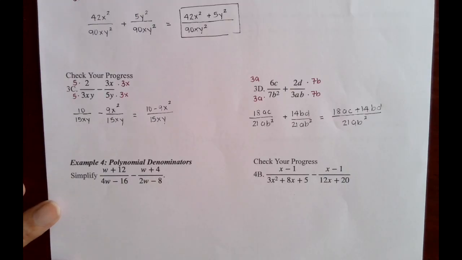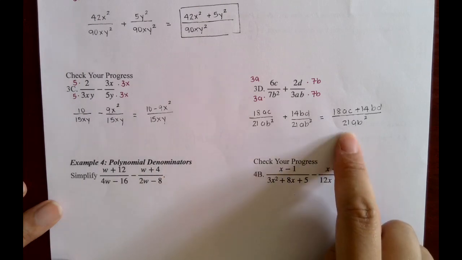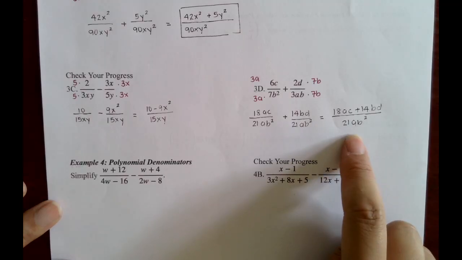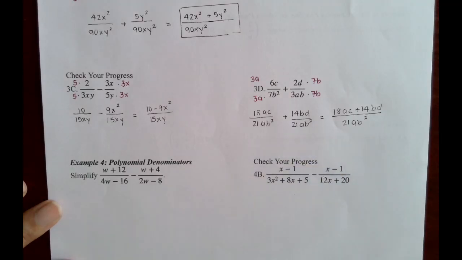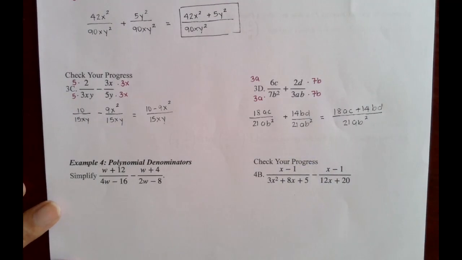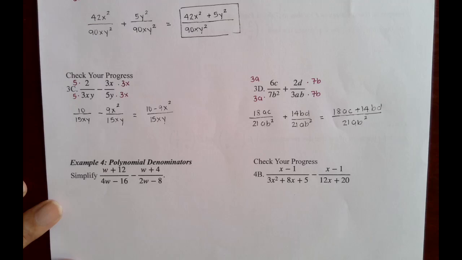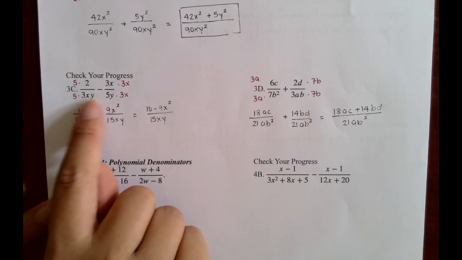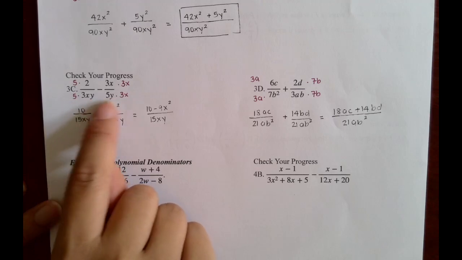In 3C, you should have gotten 10 minus 9x squared over 15xy. In 3D, you should have gotten 18ac plus 14bd divided by 21ab squared. If you got that right, you can move on to example 4. If not, here is your explanation. Okay, so the common denominator for this should be 15xy.